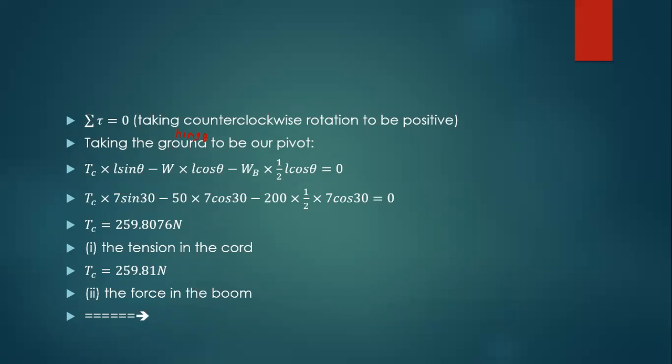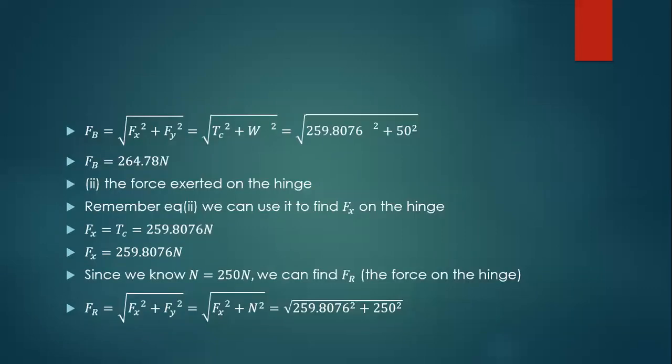So how we go about it is like this. Remember that in equation 1, we can use it to find Fx, the x component of the force on the hinge.